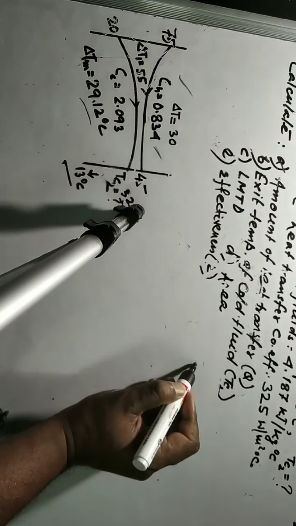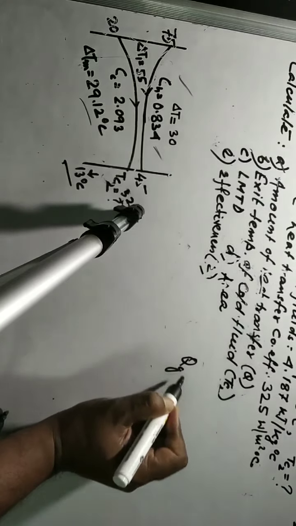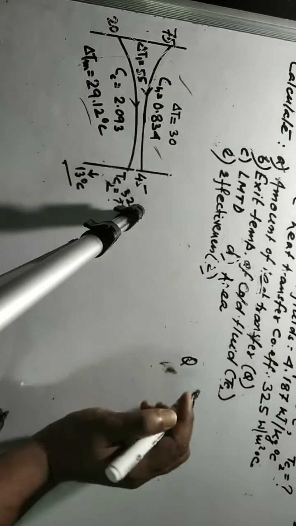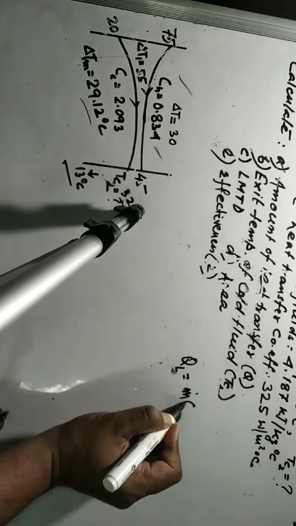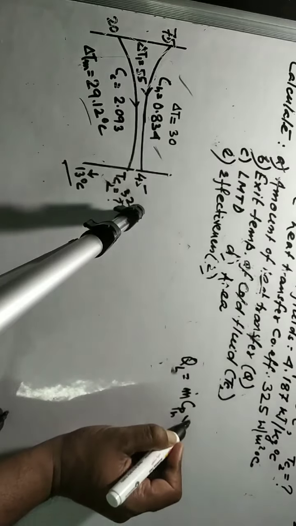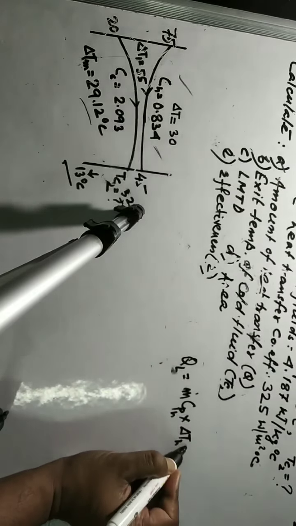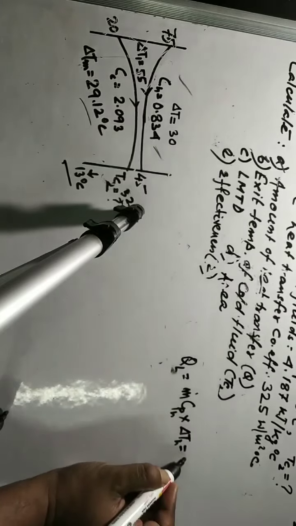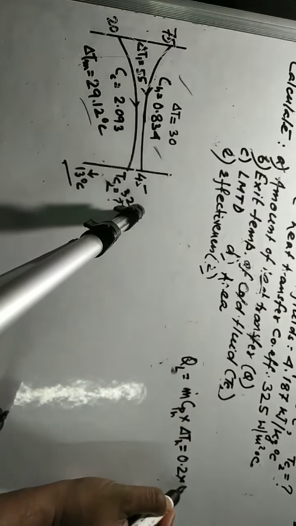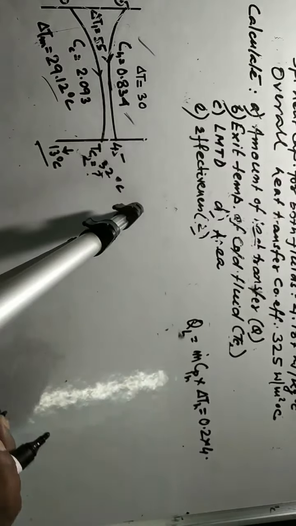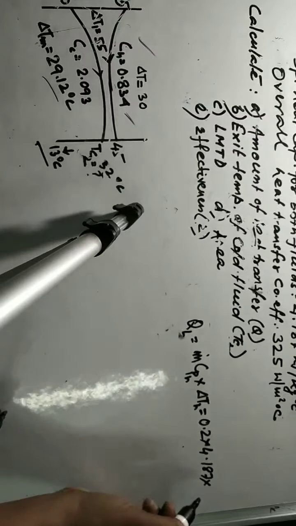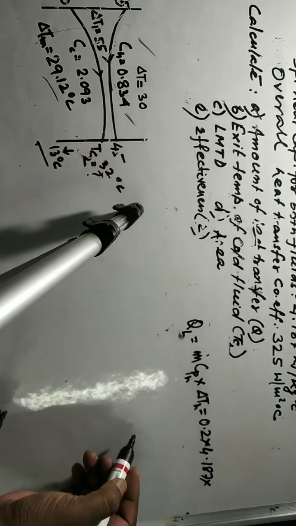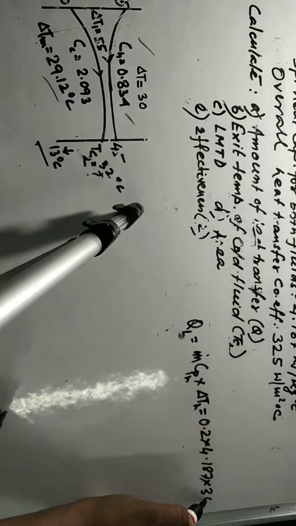So let us take the hot fluid. What is the heat loss by the hot fluid? Heat loss by hot fluid is flow rate, specific heat capacity of hot fluid into temperature difference, that is 0.2 into 4.187 into temperature difference 75 minus 45, that is 30.